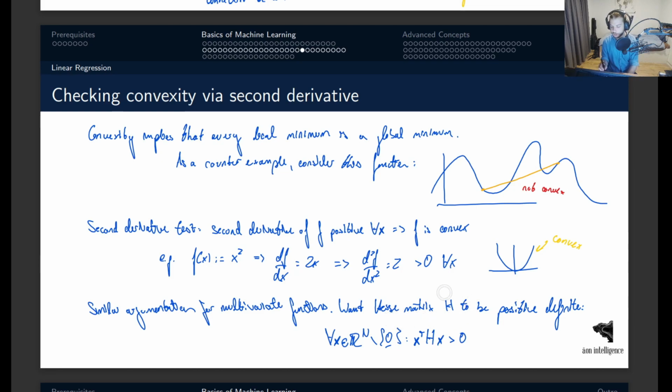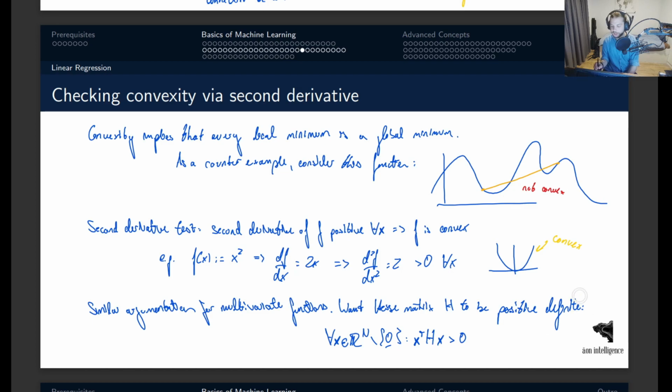And we want this object H, the Hesse matrix, to be what's called positive definite. This is a positivity notion for matrices, essentially. Because in the univariate case, we wanted the second derivative of a function to be positive for all input arguments. And in the multivariate case, we want also some positivity notion for this second derivative object, H.